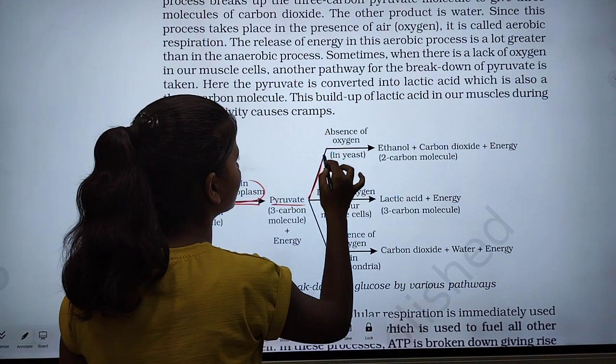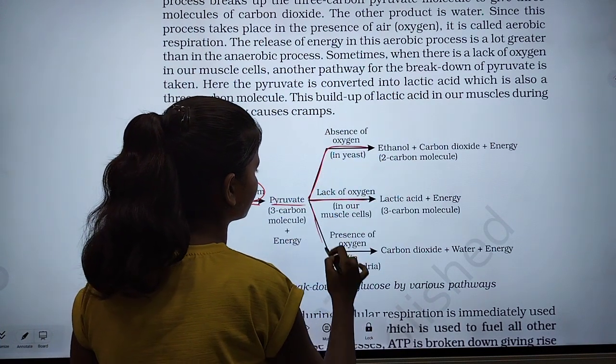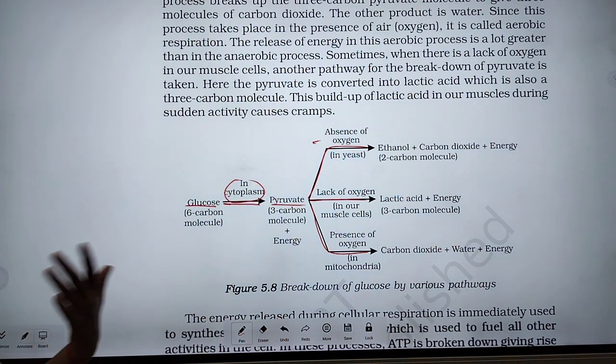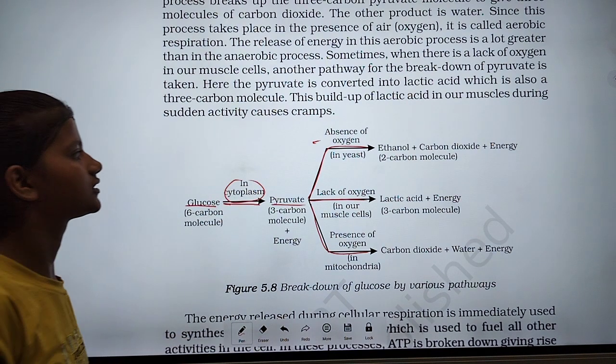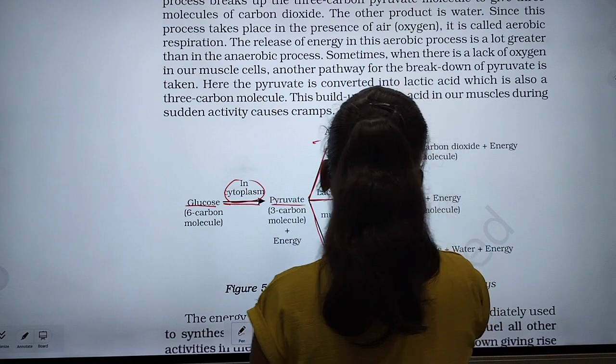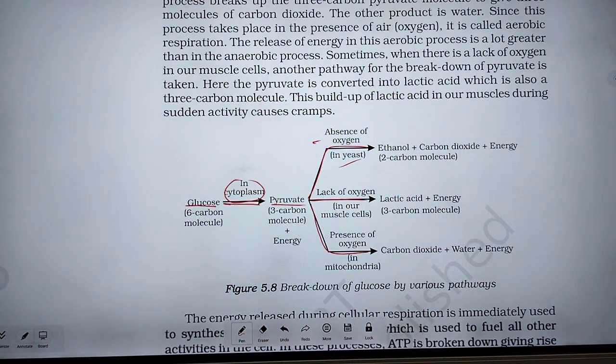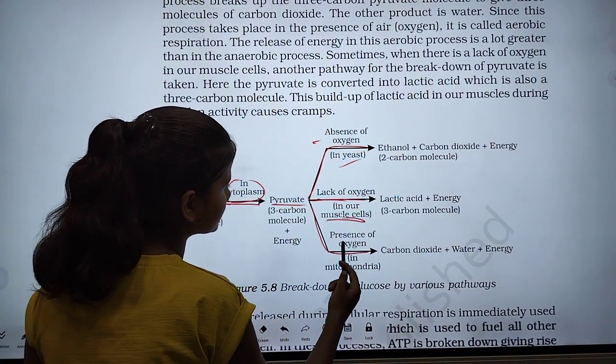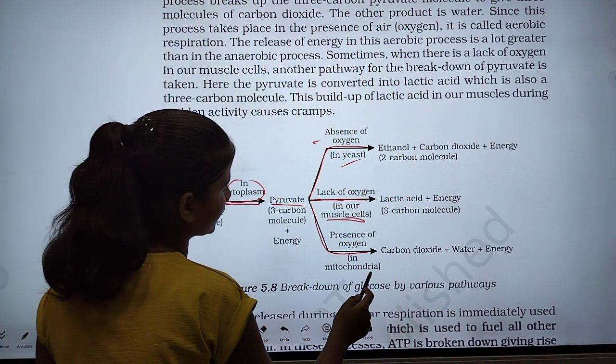Here there are 3 cases: the first one is absence of oxygen, the second one is lack of oxygen, and the third one is presence of oxygen. In yeast there is absence of oxygen, in our muscle cells lack of oxygen, and presence of oxygen in mitochondria.